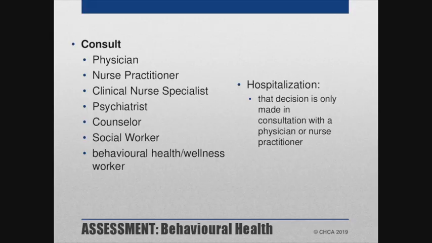People we may involve in the circle of care are the physician, nurse practitioner, clinical nurse specialist, depending on the community, psychiatrists, counselors, social workers, behavioral health or wellness workers, and CHRs. For hospitalization, we may need to look at previous hospitalizations. The decision is only made in consultation with specialists for the community, such as a physician or nurse practitioner.